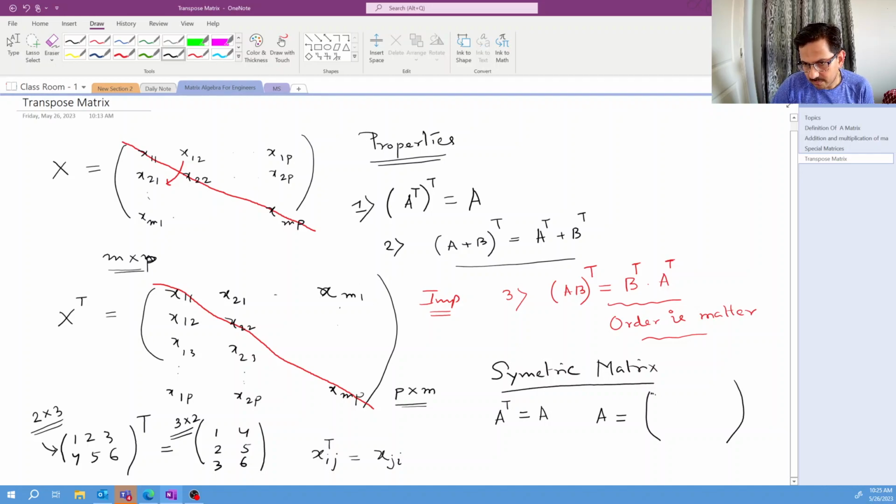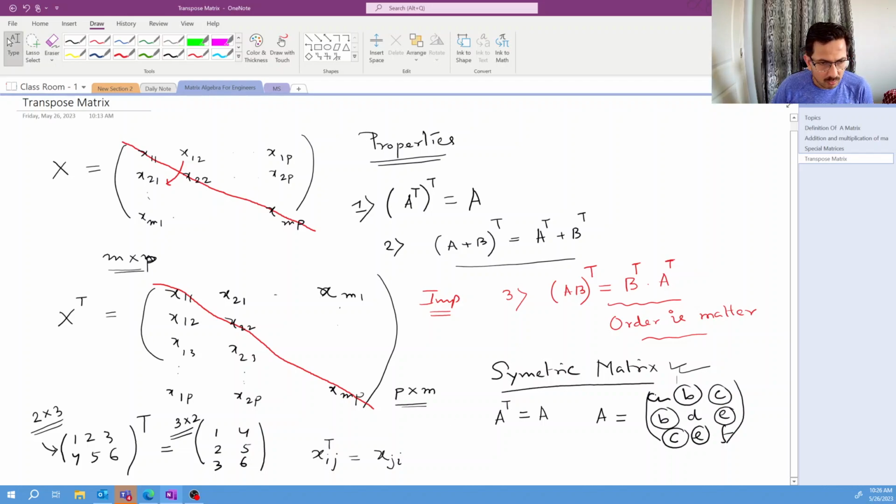Say A, B, C, and B will be here again, D, E. Now C will come here, E will come here, and F will come here. So these two will be the same. Whenever these elements are the same, if you do the transpose, it creates a symmetric matrix.